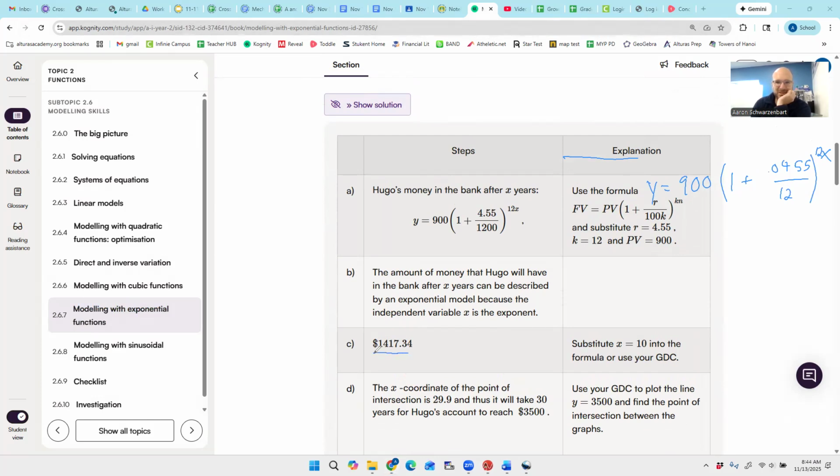How do you think you'd solve part D? They didn't show it very well. You're going to solve part D by graphing. If you did this, you're showing something that looks like this. Let's call that f of x.